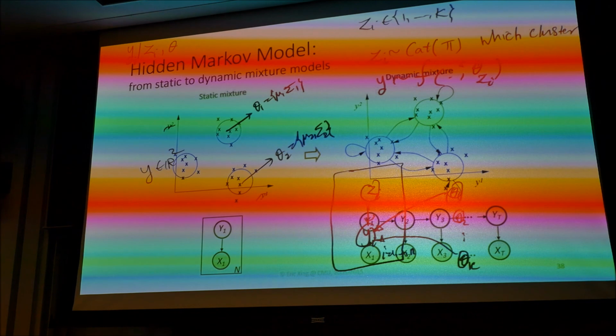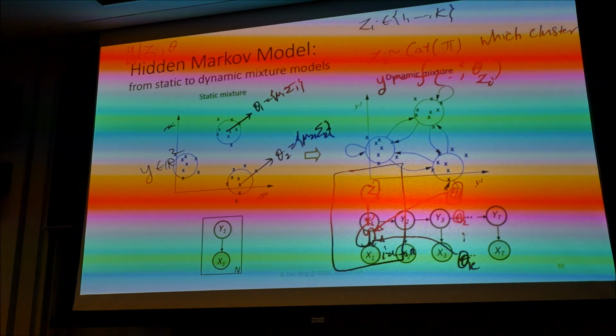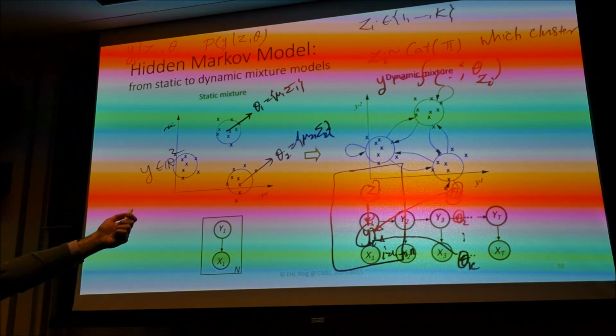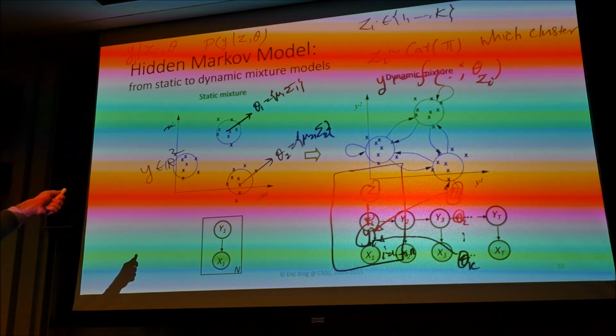Because to generate Y, you have to know which cluster it is coming from and what the parameterization of that is. So how should the CPD look? The conditional probability should look like Y conditioned on Z and theta, and you pick something for this based on your problem. It's basically how your data generation semantics work.